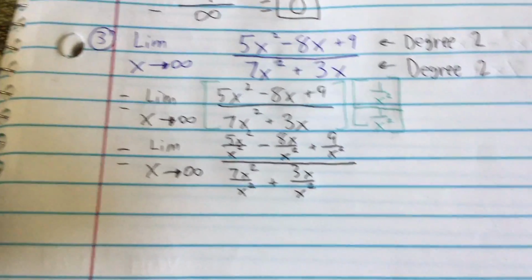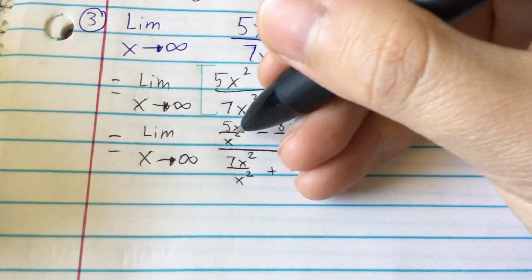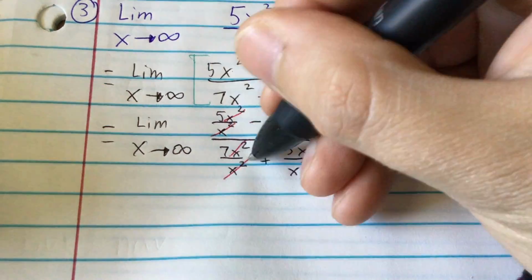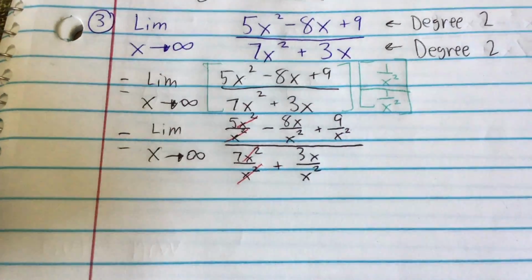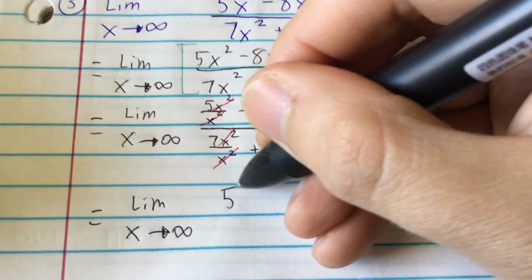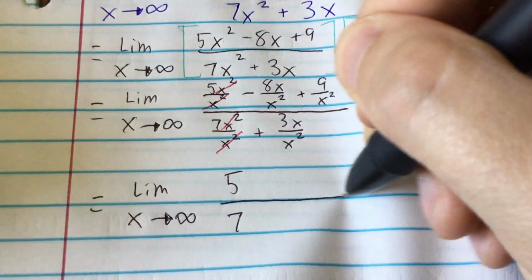So now let's do some algebra. Well, x squared over x squared cancels out. And 8x over x squared. So let me just rewrite this problem really quick. So that becomes 5 on the top and 7 on the bottom.